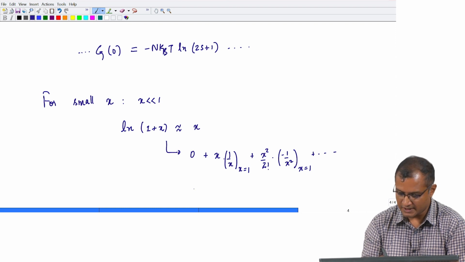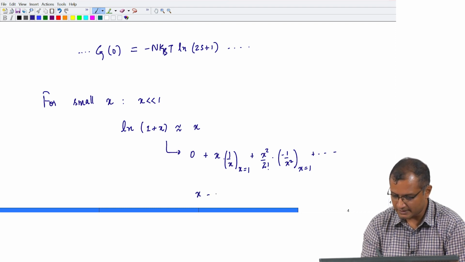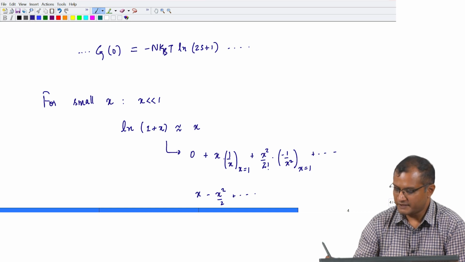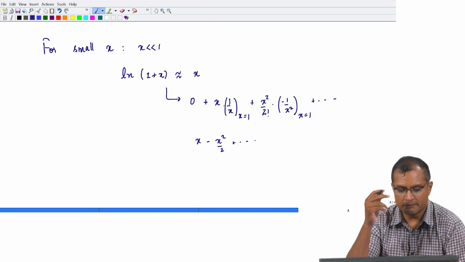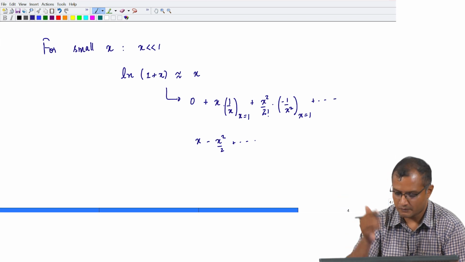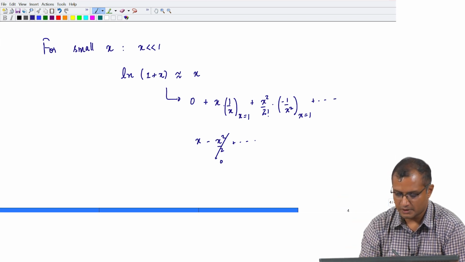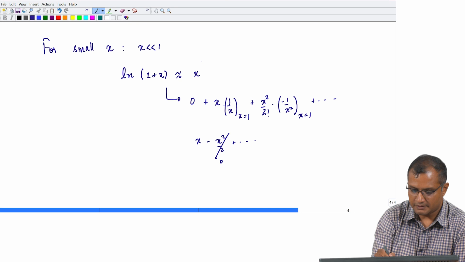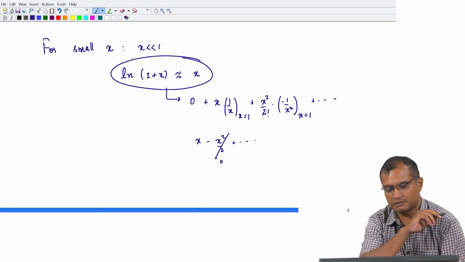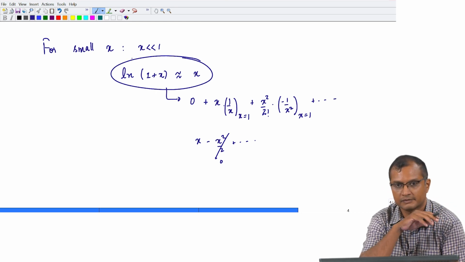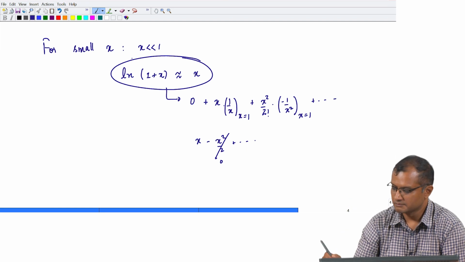So, what you get here is nothing but x minus x square by 2 and so on. Now, I have taken the limit x much less than 1. So, I am going to drop this to 0 and simply say that ln 1 plus x is very close to x, not a bad approximation.